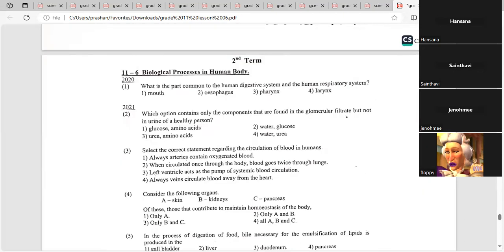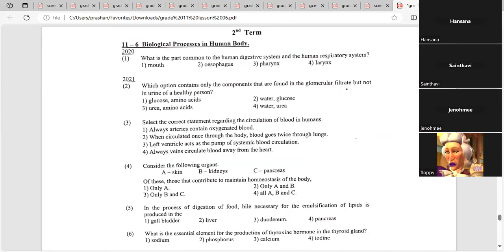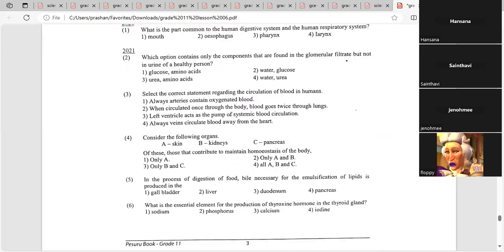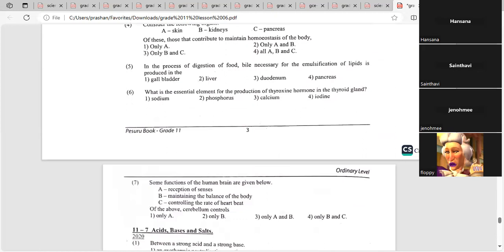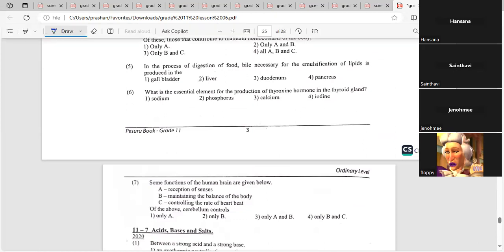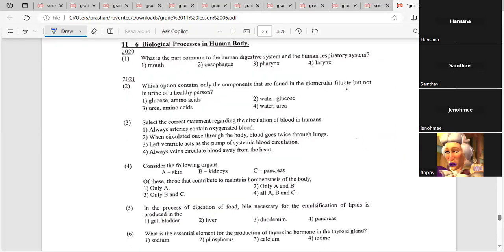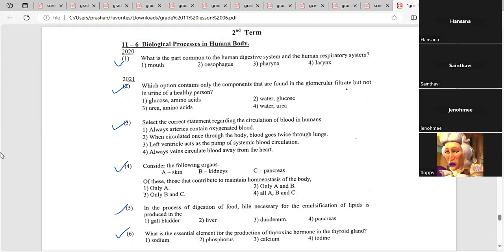This is the 2020 question. Write answers for these 6 questions.